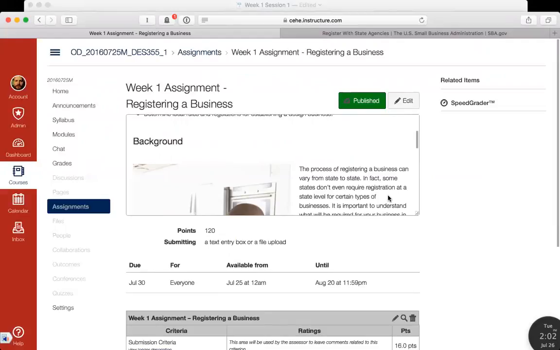LLCs, which stands for limited liability company. And then there's corporations. An LLC is similar to a corporation, but doesn't have as many requirements as corporations do. For example, you can just be an individual person with an LLC, where corporations require a board.